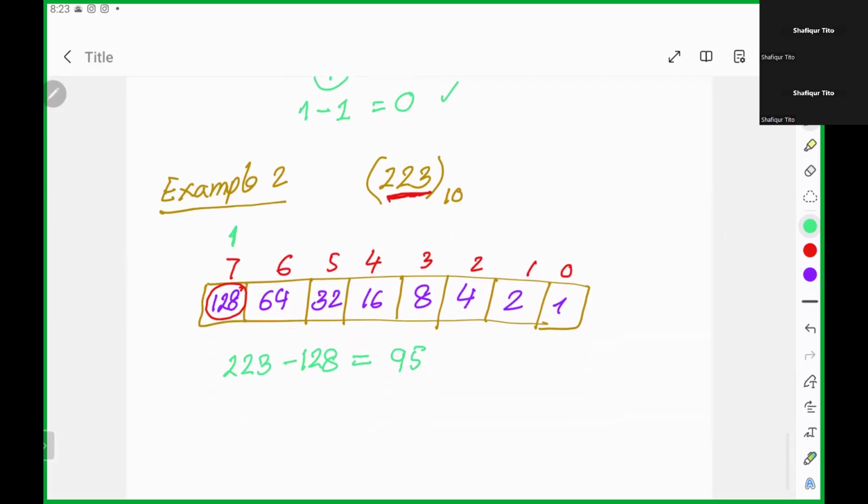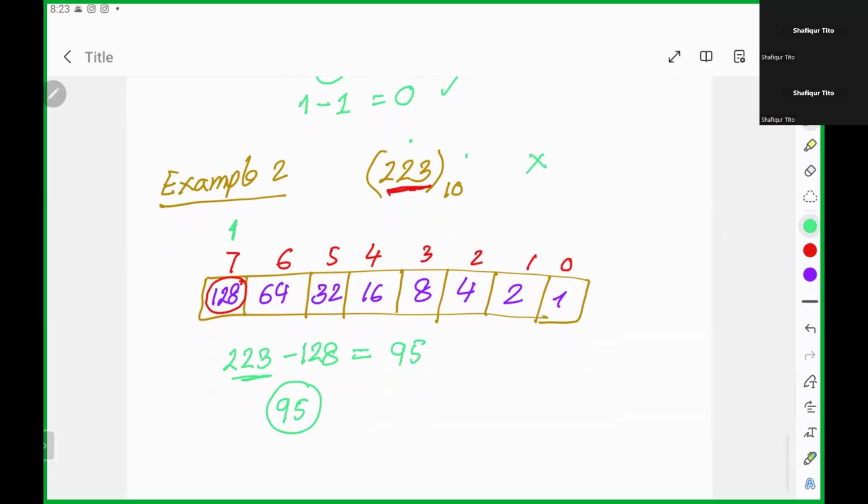So for the next number, I have to now forget about this one. We have already done this one. So we'll start with this 95. Now in this table, I need to find the highest number that is smaller than 95. And you can easily recognize that the highest number smaller than 95 is 64.